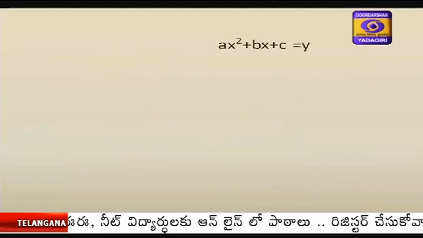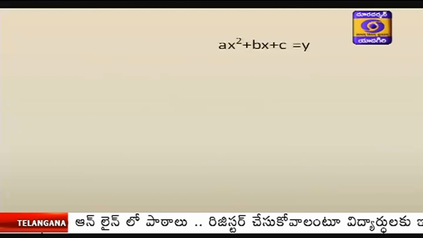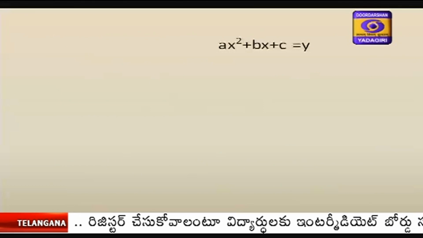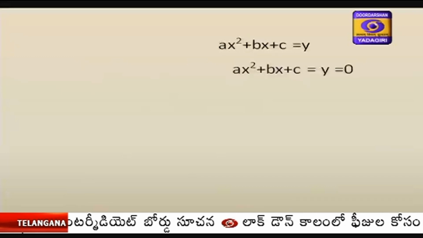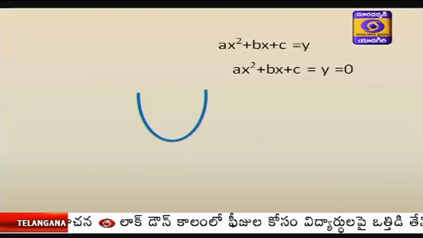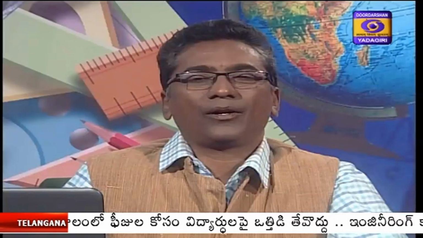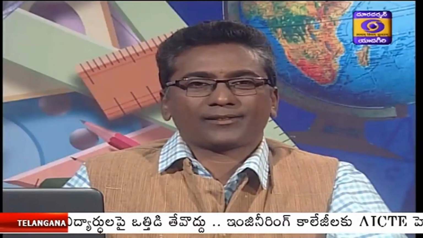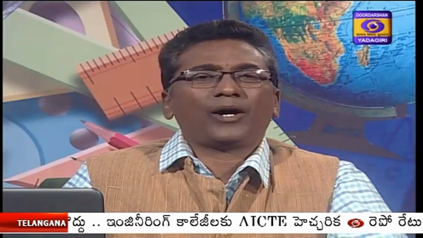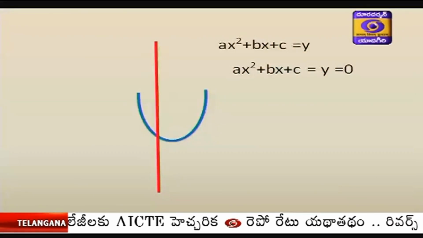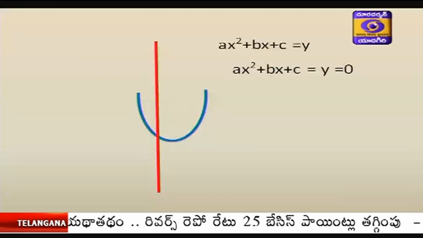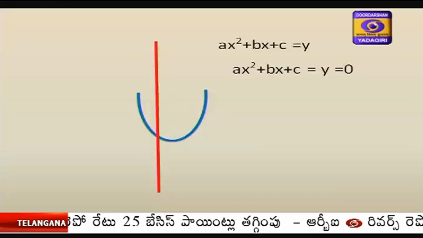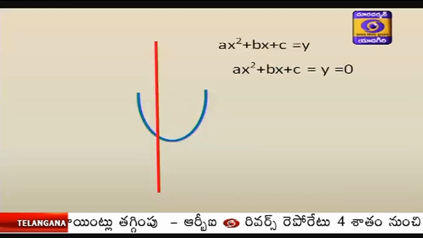Then we will consider the graph y = ax² + bx + c. How does it look? It looks like a parabola. See, this is drawn on the y axis. What does it tell us? It tells us all the values which satisfy the equation y = ax² + bx + c.